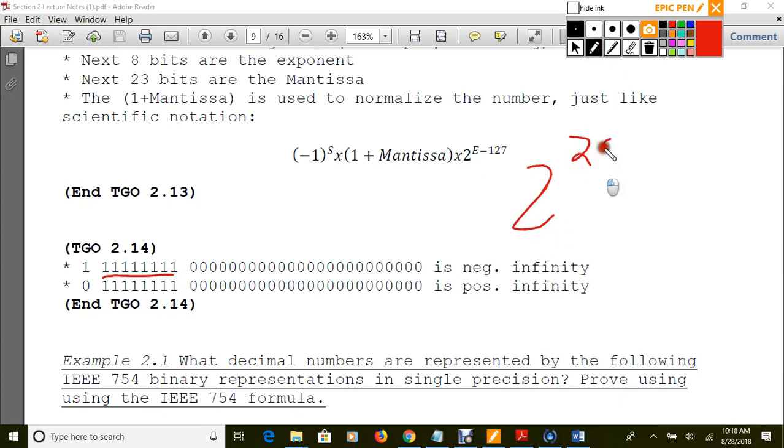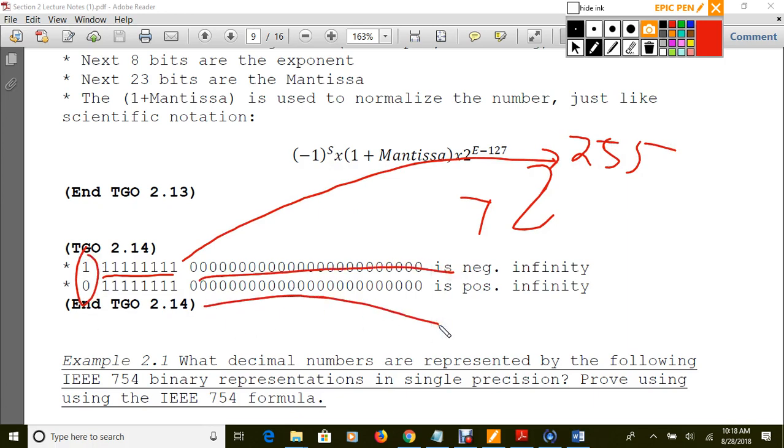For negative and positive, we just set those values, with all zeros in the mantissa. That's the largest possible value you can have, and so we just define that as negative and positive infinity. You can't exceed that value, and that's part of the IEEE standard.